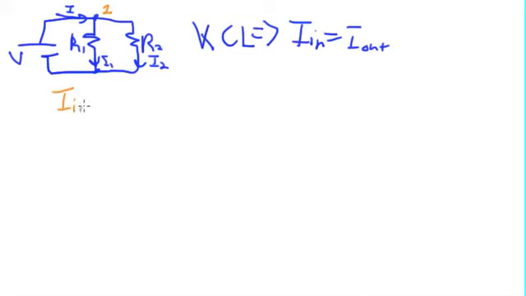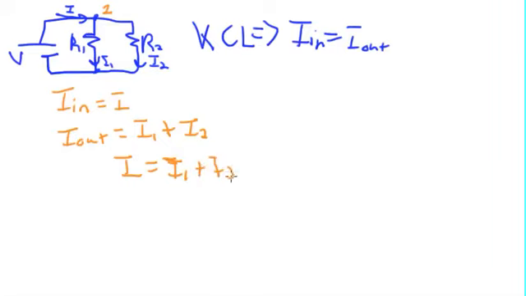The current coming in is just going to be I, and then the current going out is just going to be I1, because part of it comes down here, plus I2. So what this says is I equals I1 plus I2.